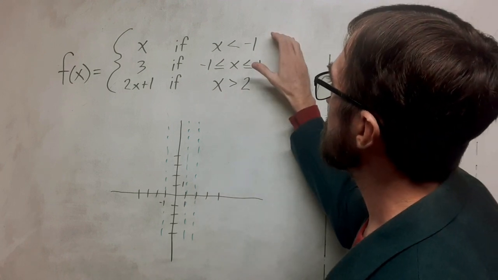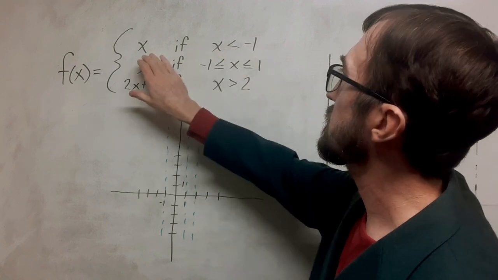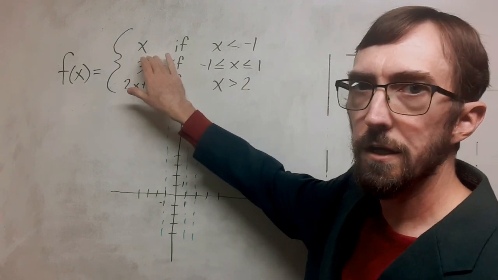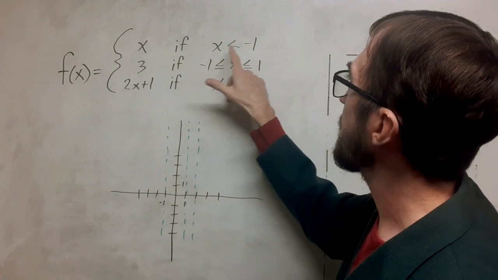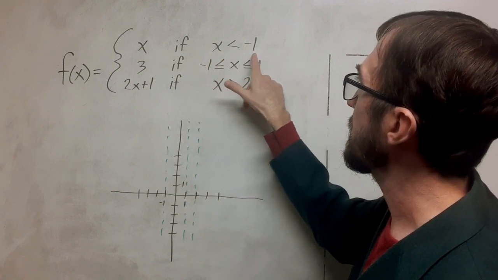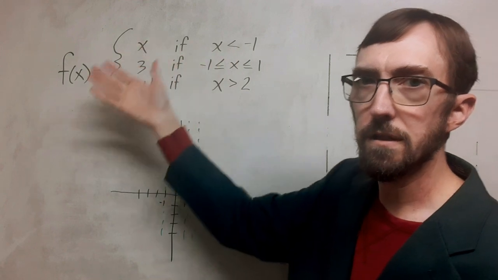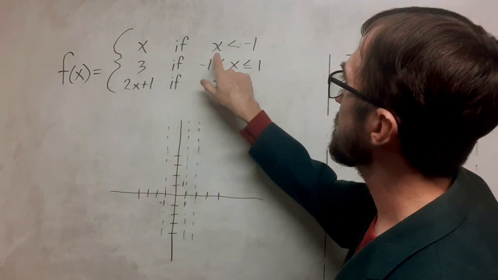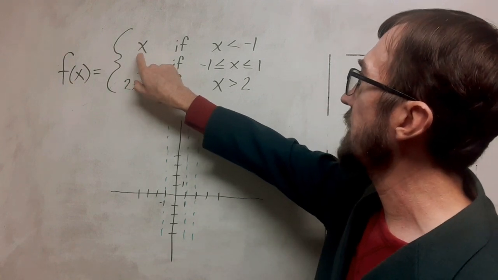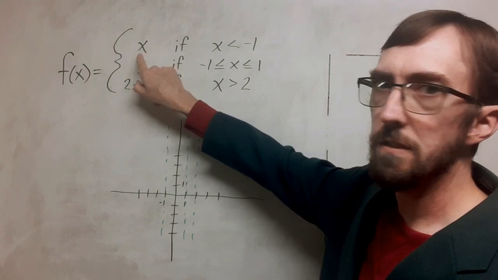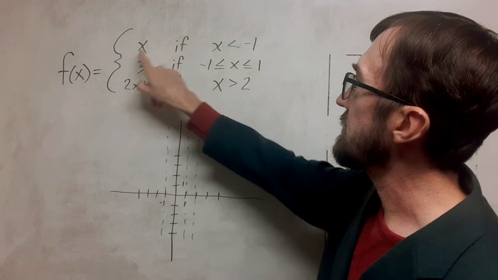When I look at this first piece, any x that I choose will also become the y coordinate when I go to plot. I can choose any x that is strictly less than -1, so -2 and -3 will work. If I choose -2, the y value becomes -2, because the y value is mirroring whatever the x value is.